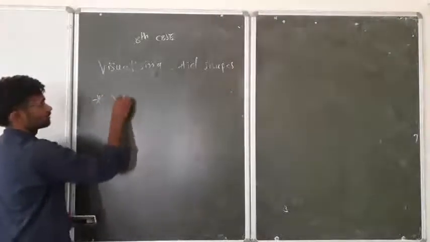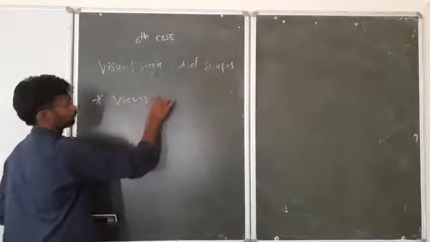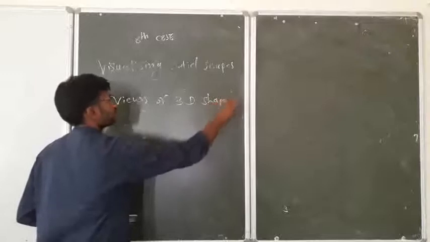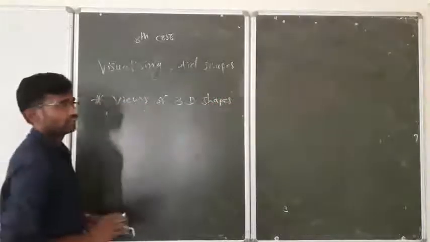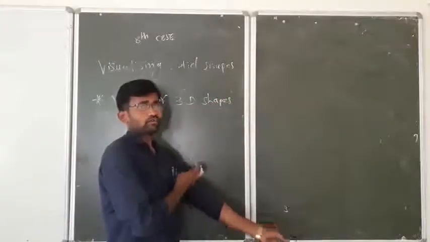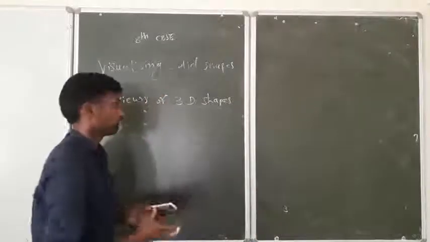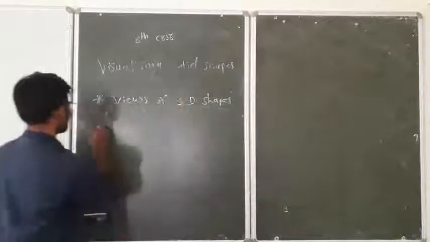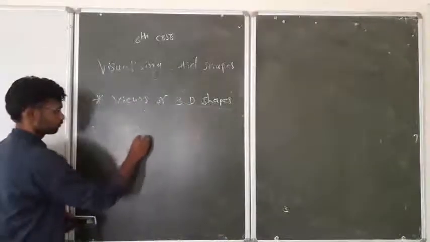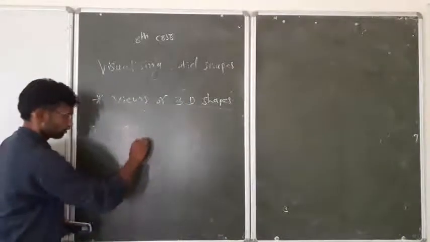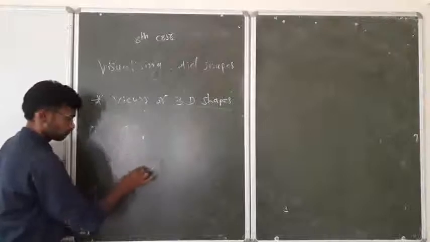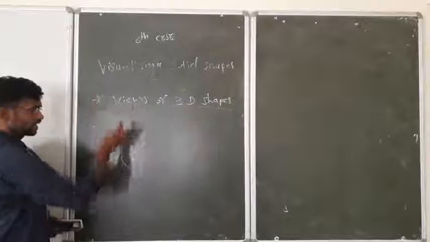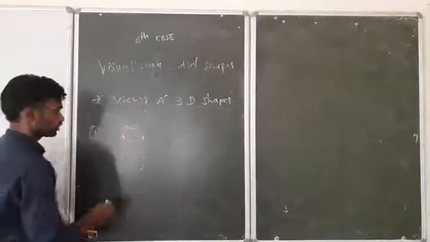Next we will move to the use of 3D shapes. Here we have to imagine. We have to see the object from three views: front view, side view, and top view. Let us take one example. Consider this is a glass.